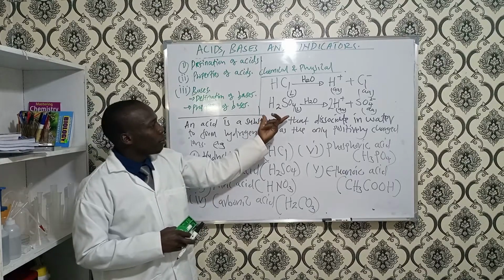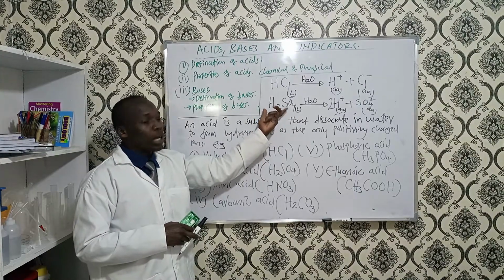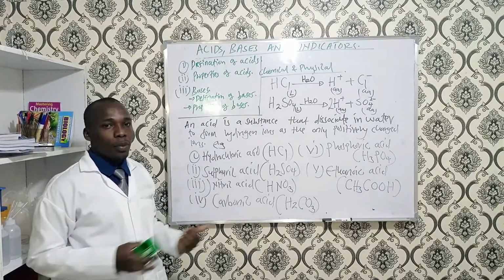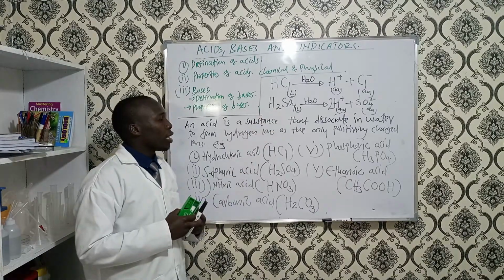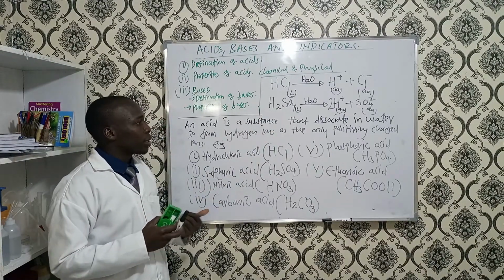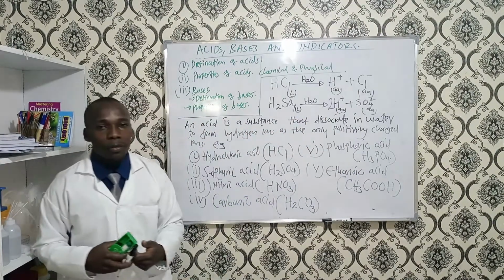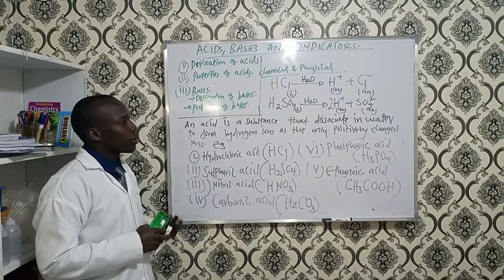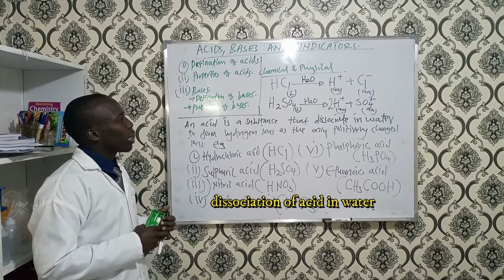In liquid form, we only have acid molecules, which have no acidic property. And that is why in liquid form, most of the acids don't react as a typical acid, because there are no hydrogen ions which are responsible for the typical reactions of the acids. So that is an example of dissociation of acid in water.